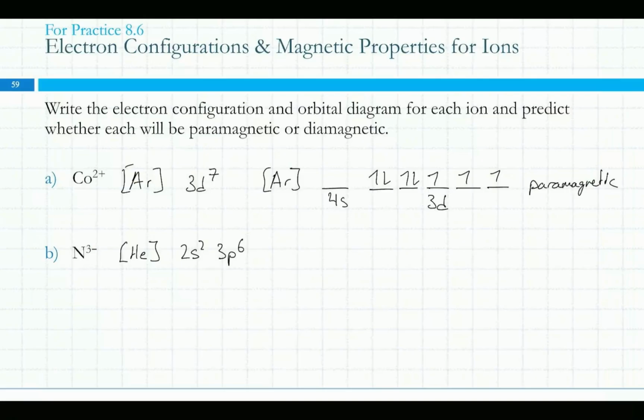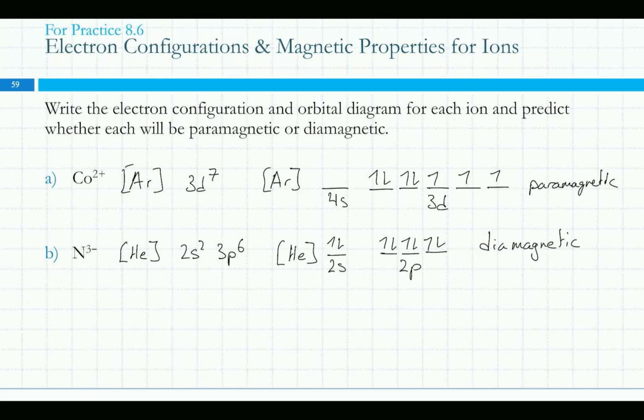Is that going to have any unpaired electrons? It shouldn't, because the valence electrons are all filled. This is 1, 2, 3, 4, 5, 6, 7, 8. So paramagnetic or diamagnetic? Diamagnetic.